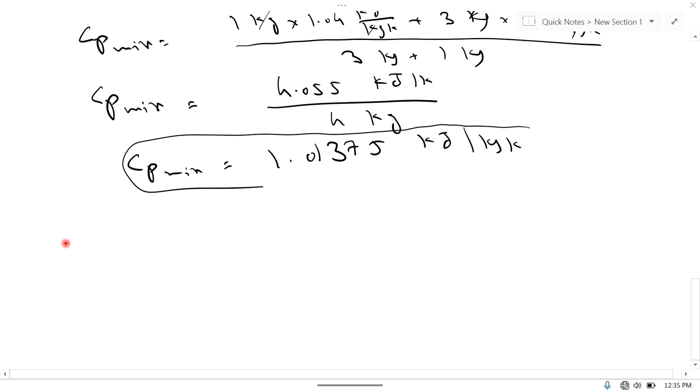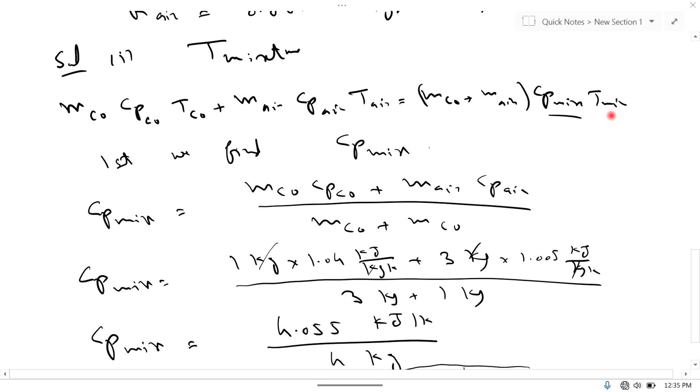Now we can find T of the mixture. Put values in this equation and find the value of T mixture.